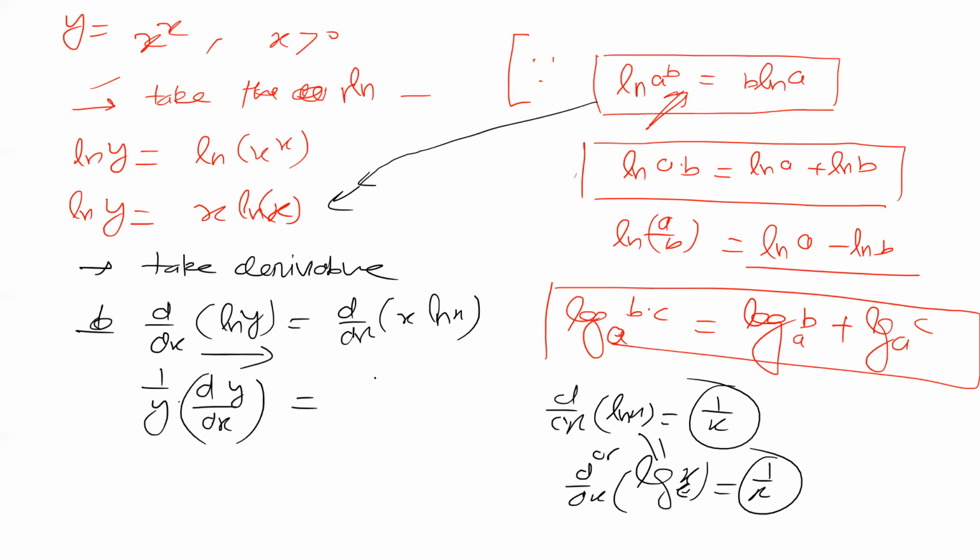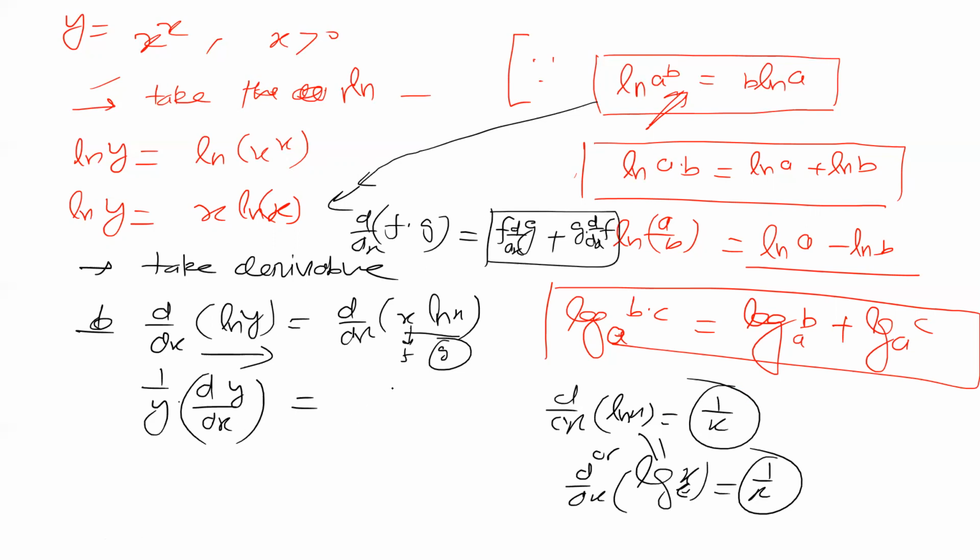And here x into ln x is a product, so we have to apply the product rule. Let us say x is a function f and ln x is a function g. The derivative of f into g is f into the derivative of g plus g into the derivative of f.